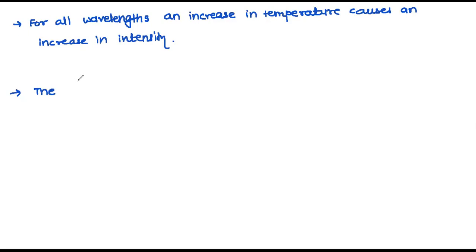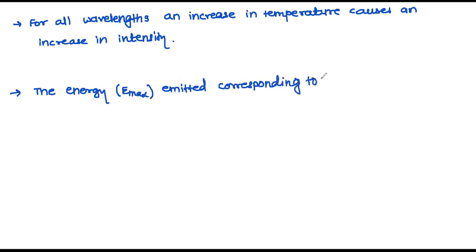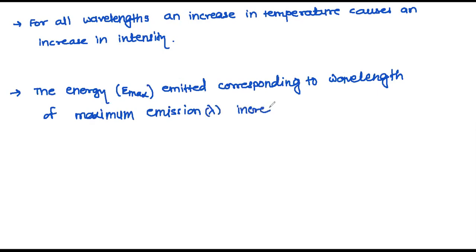The maximum energy E, which you can see in the graph, emitted corresponding to the wavelength of maximum emission lambda, increases with the fifth power of the absolute temperature of the black body.